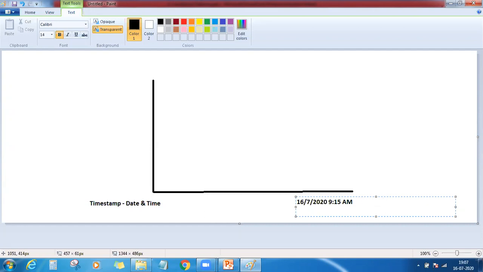Similarly, if it is a 4-hour chart, then it would be 13:15 p.m., because this will be 4 hours and this will be 4 hours.